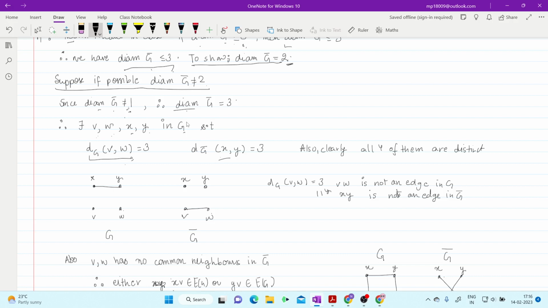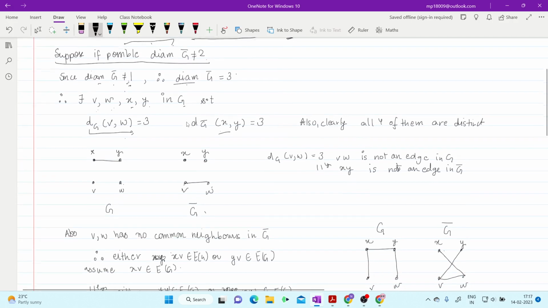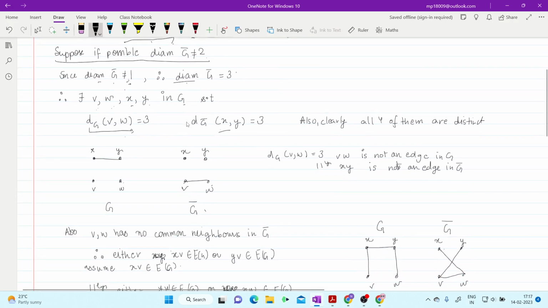So we see that VW will be an edge in G bar, and since the shortest path between X and Y in G bar has length 3, XY cannot be an edge in G bar. Therefore XY will be an edge in G. So we have got one relation between these vertices.